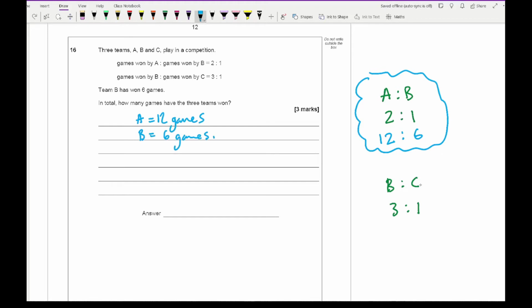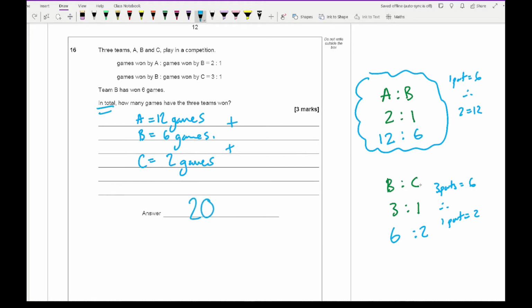To work out C, if B is 6, so 3 parts is 6, then 1 part must equal 2, so C has won 2 games. Now the question asks how many games the 3 teams have won in total. Well, all we do is add those numbers up and I get an answer of 20.